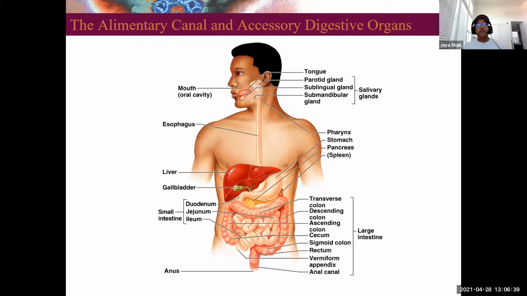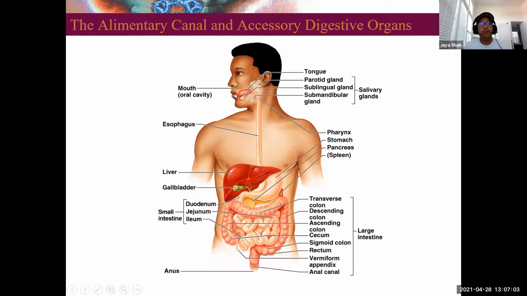So let's see the organs of the digestive system, and I'm going to put a piece of bread in the mouth and you will see how they digest it and get it out of the anal canal, and at the same time I will explain the organs and their function. So let's see first the organs of the alimentary canal.